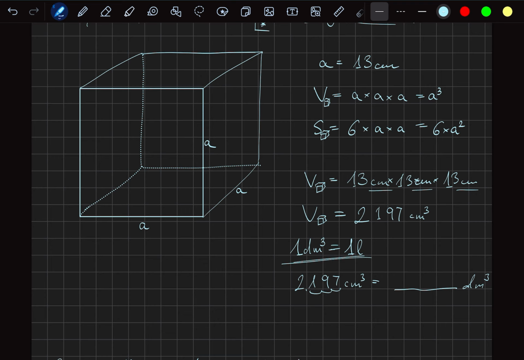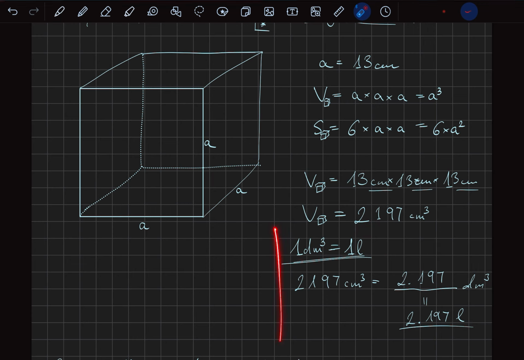The decimal point will move here. So it will be 2.197 decimeter cube, and it's also 2.197 liters. It's really important in physics.